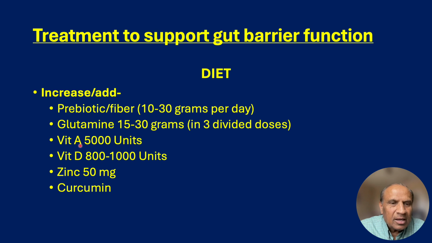Add vitamin A up to 5,000 units per day, vitamin D 800 to 1,000 units per day, and zinc about 50 milligrams per day. Also adding some herbal sources of anti-inflammatory substances like curcumin may help.